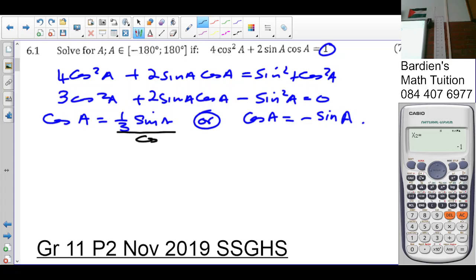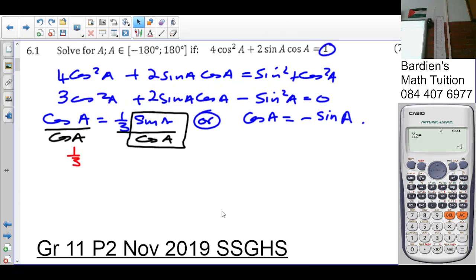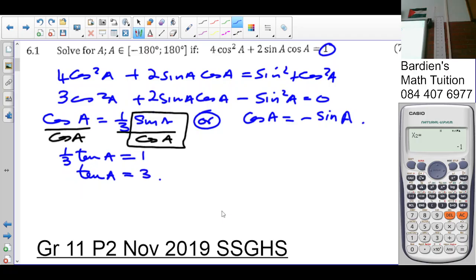So you divide both sides by cos. Why by cos? Because sine over cos is tan. So 1 over 3 tan A is equal to 1. So to get tan on its own, I say tan of A is equal to 1 divided by a third, which is going to give you 3.